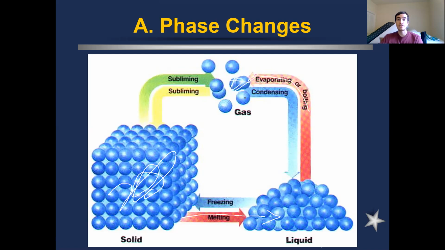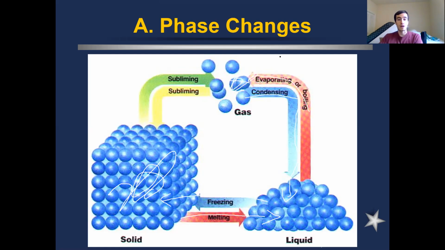If we take that gas and cool it down so that the gas particles start joining up with each other, we condense it, it goes through condensation and becomes a liquid. And finally, if we chill that liquid to the point where it starts turning into a solid, then we have frozen that liquid. It's gone through freezing.